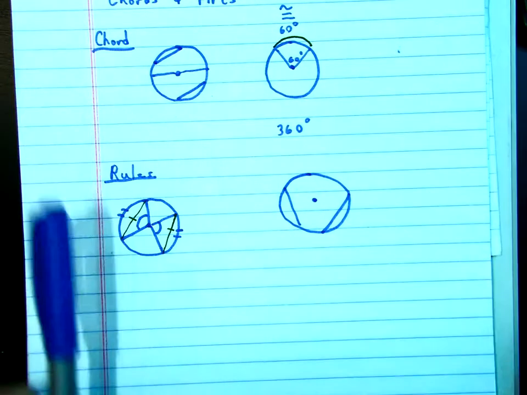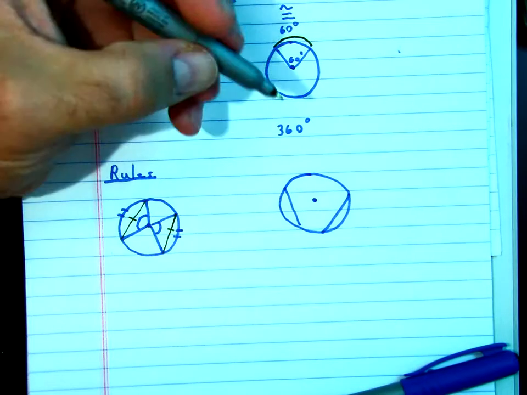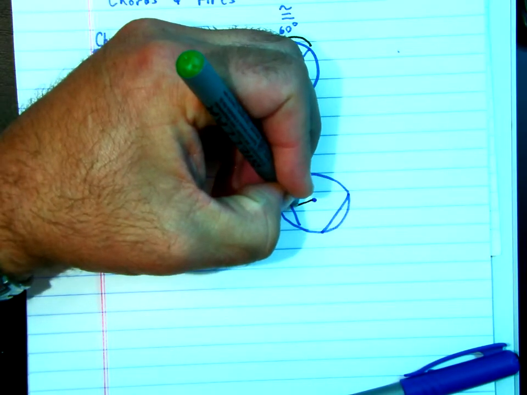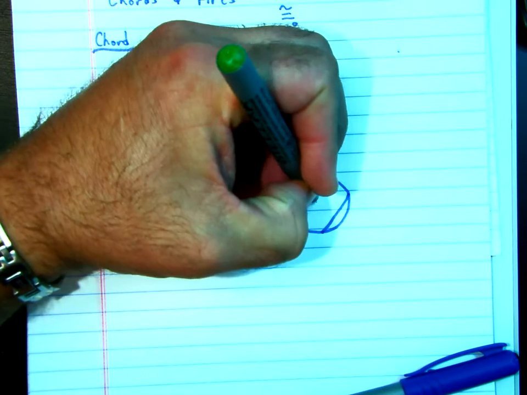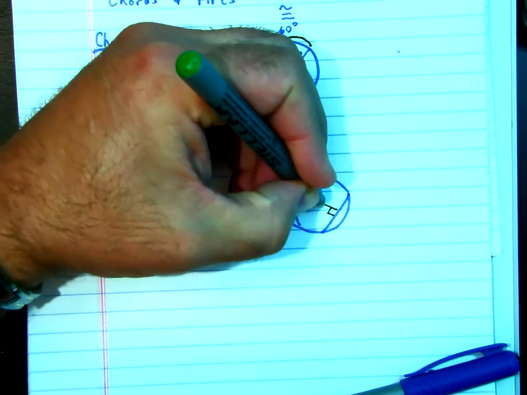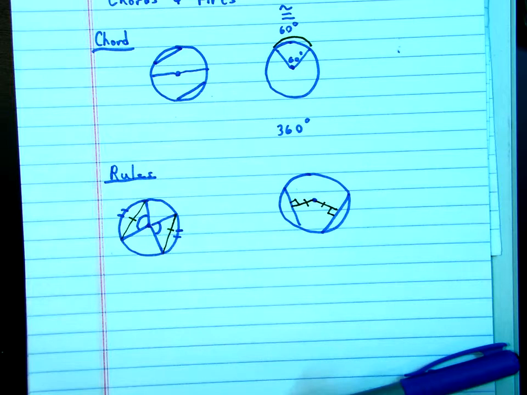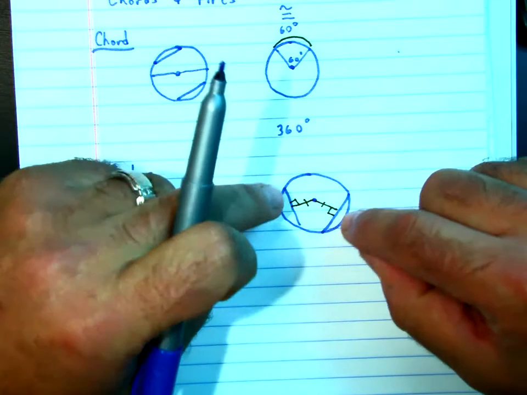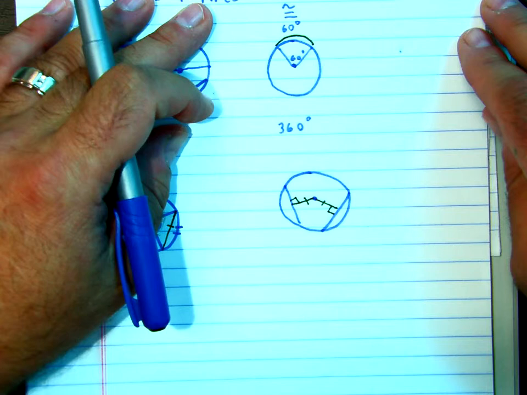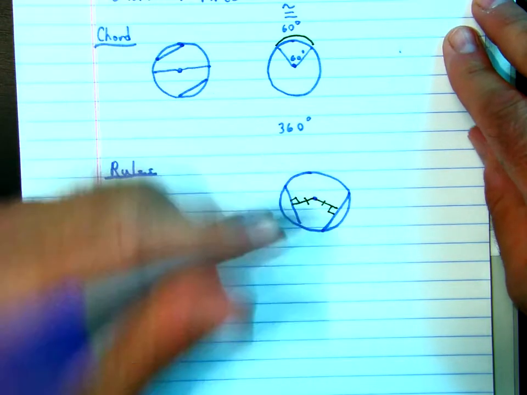But that rule states that if the chord is the same distance from the center, then the chords are the same length. And if the chords are the same length, then they're the same distance from the center. Notice we're talking about the distance from the center.